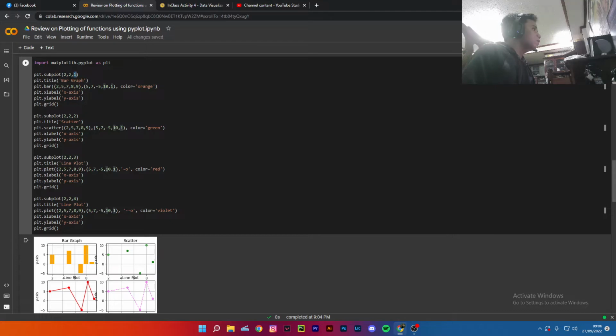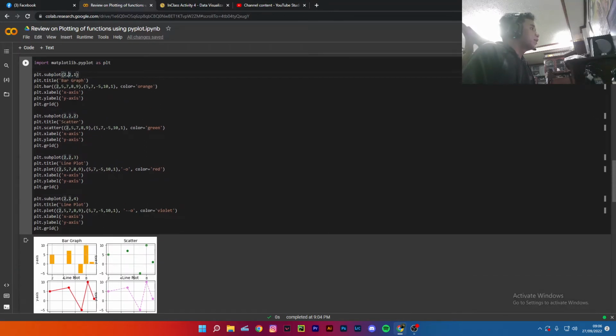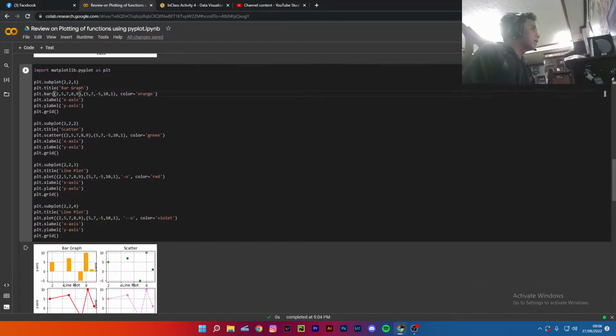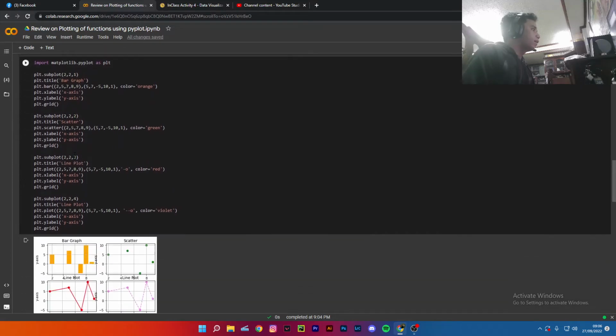Since it's 2x2, I'd like to have it in 2 rows and 2 columns, so it would look like this, 2x2, and plt.bar, except that above here we set our array.